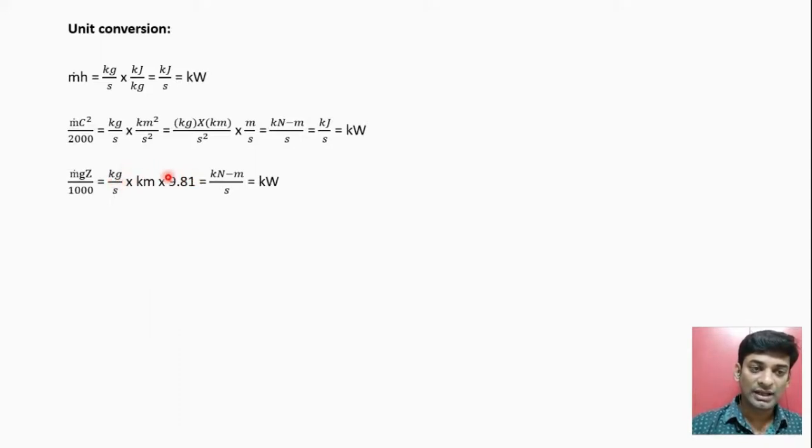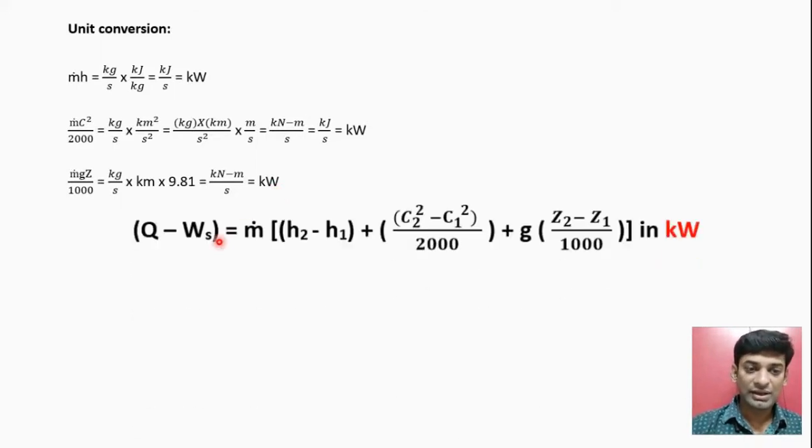Kilogram into 9.81 is Newton. Remaining kilometer is there. At the denominator you have second. So this Newton meter is nothing but joule, that I have discussed here. So this kilonewton meter per second can be written as kilowatt. So the entire equation will be in kilowatt.